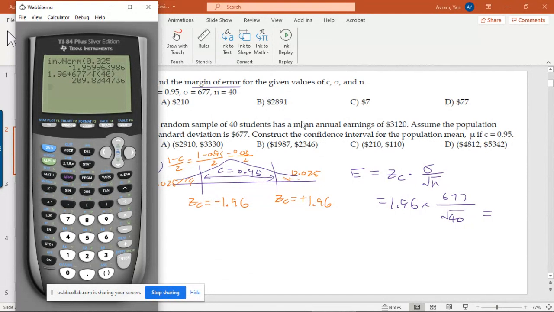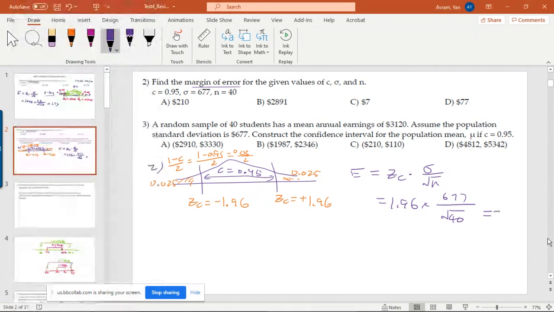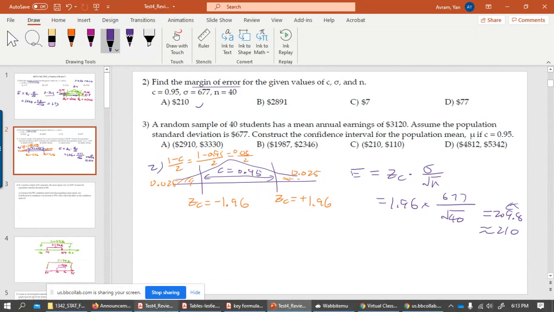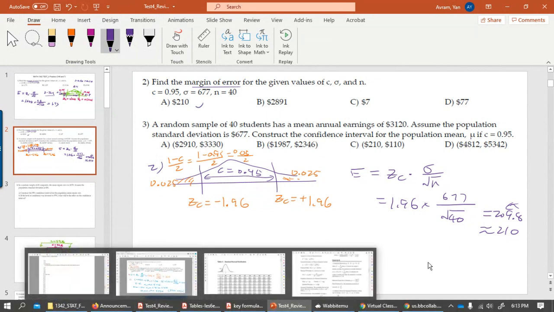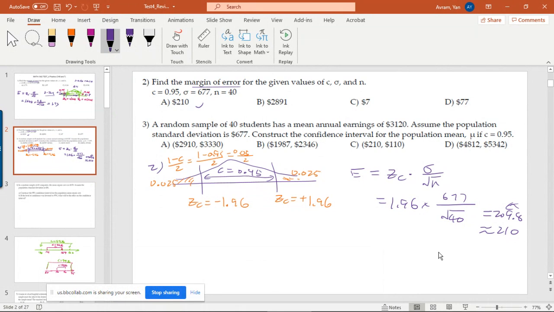Since this wants you to round to an integer, I have 209.8, right? Let's write it down, 209.8. If I round to an integer, this will round up because the digit 8 rounds up. So that would be 210. That would be this one right here, it will be 210 if we round to the integer. Okay?